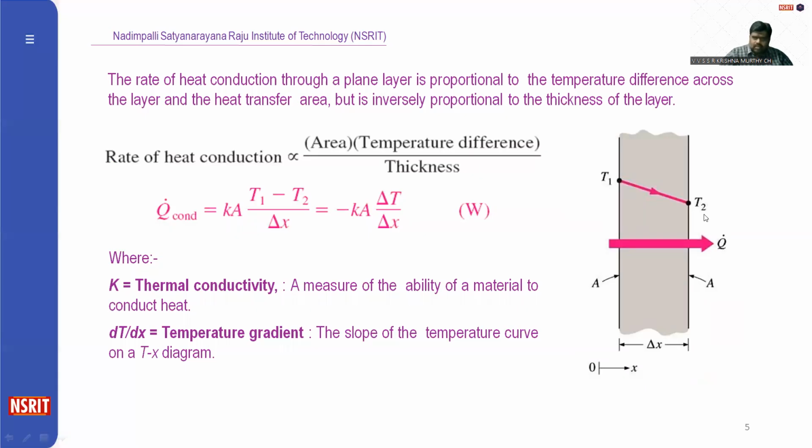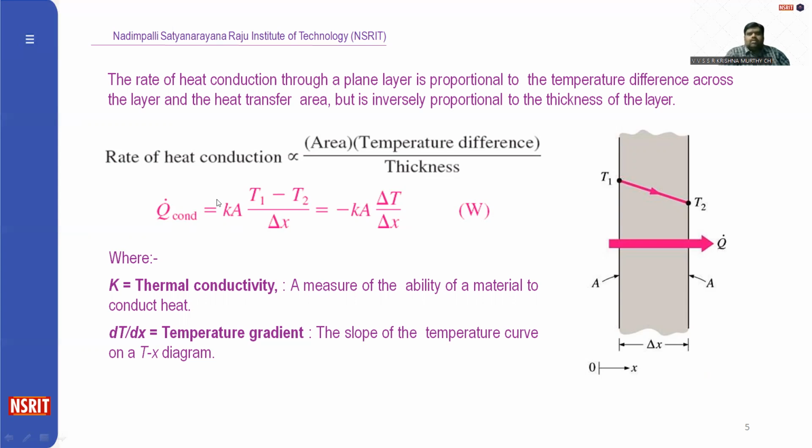Suppose you take a wall with inlet temperature T1 and exit temperature T2. When a body transfers heat from inlet to outlet, the transfer of energy is directly proportional to its surface area and to the change in temperature with respect to the thickness. So the rate of heat conduction Q is directly proportional to area times temperature difference divided by thickness. That is given as Q conduction equals K A (T1 minus T2) divided by Tx. Then what is this K?